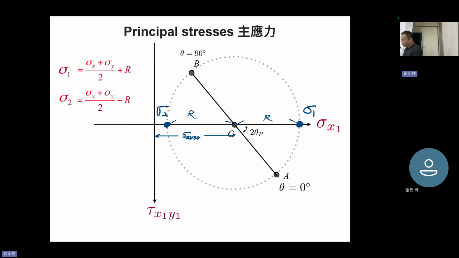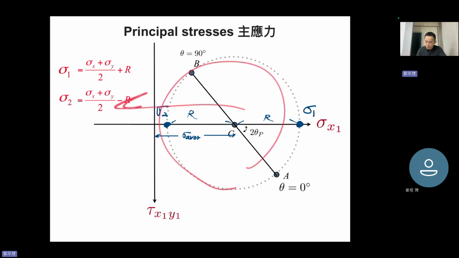You can get everything in the Mohr circle. So whenever you draw a circle, the circle may shift, but sigma 1 always occurs here. Sigma 2 always occurs here.